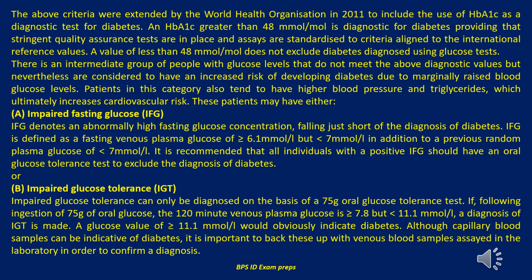A glucose value of equal to or above 11.1 millimoles per liter would obviously indicate diabetes. Although capillary blood samples can be indicative of diabetes, it is important to back these up with venous blood samples assayed in the laboratory in order to confirm a diagnosis.